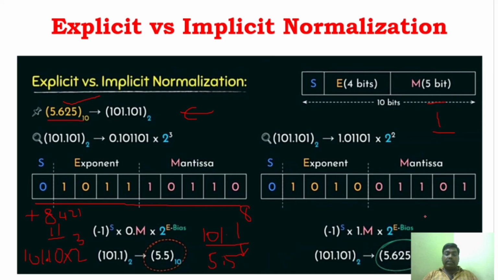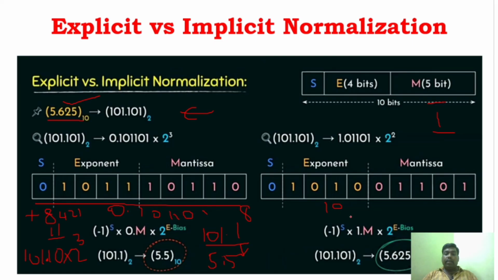Now coming back to this, here it is 0 point the mantissa value 10110, and that into 2 to the power of 3. Similarly here, the exponent is 10.